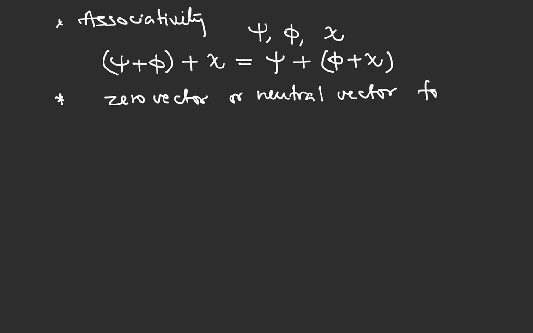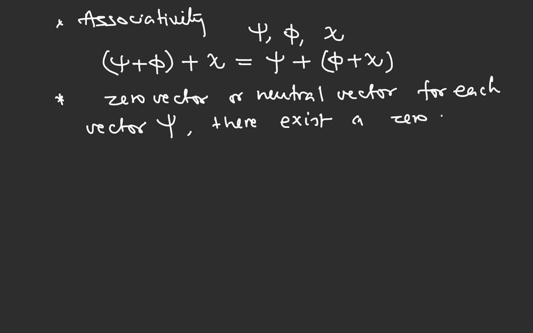For each vector psi of the space, there exists a zero vector such that zero vector plus psi vector is equal to psi vector plus zero vector is equal to psi.